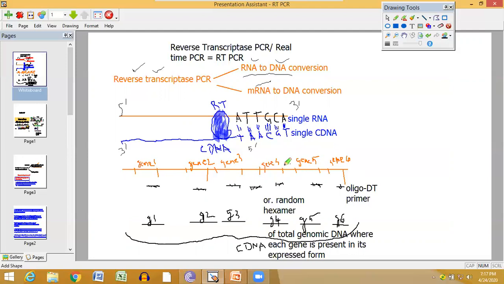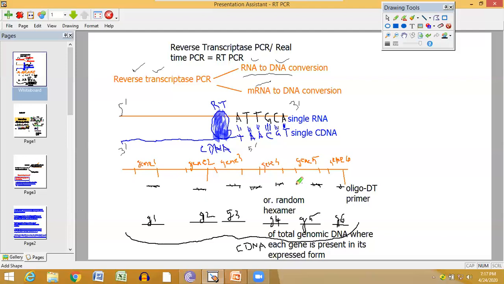But when you have the total cellular mRNA, all the genes are present. Say in E. coli, there are more than 4,500 genes present in the total cellular mRNA. In human, there are more than 10,000 genes.